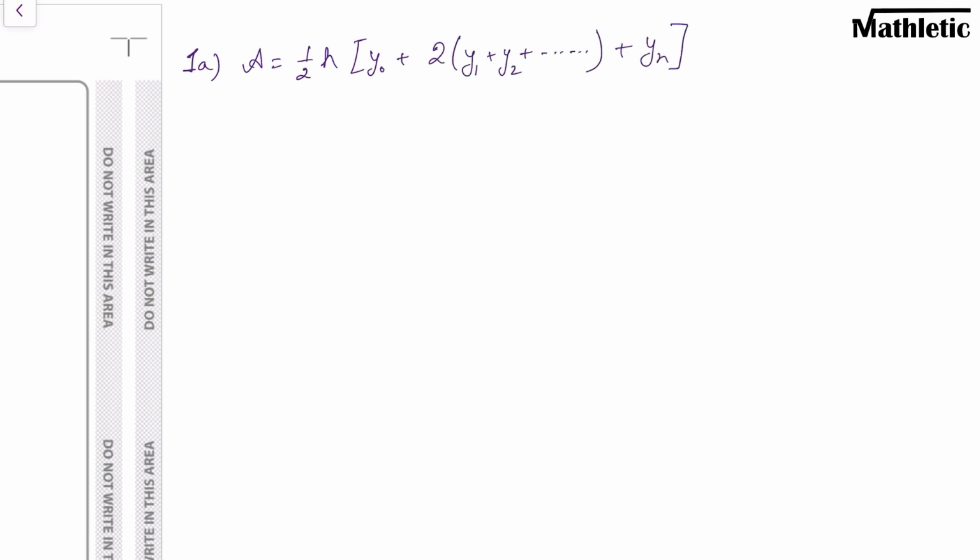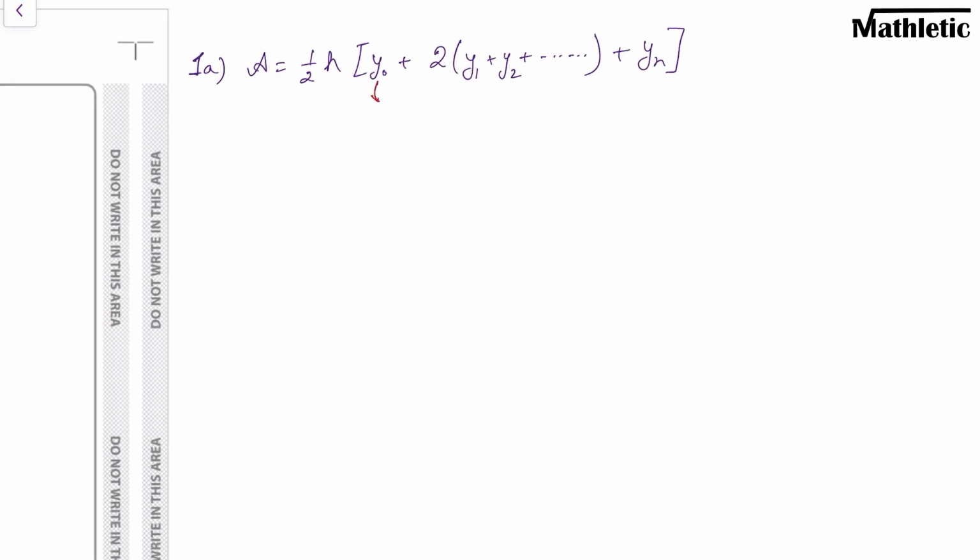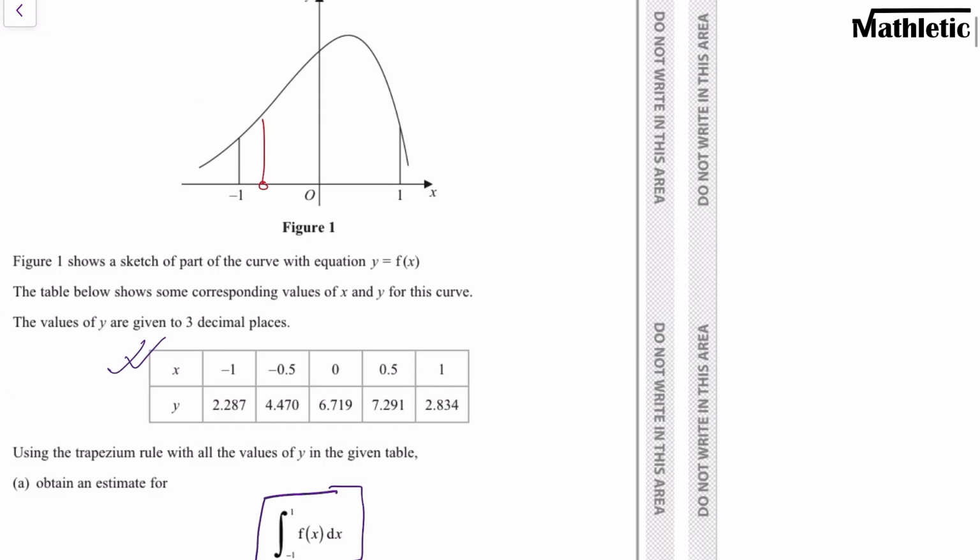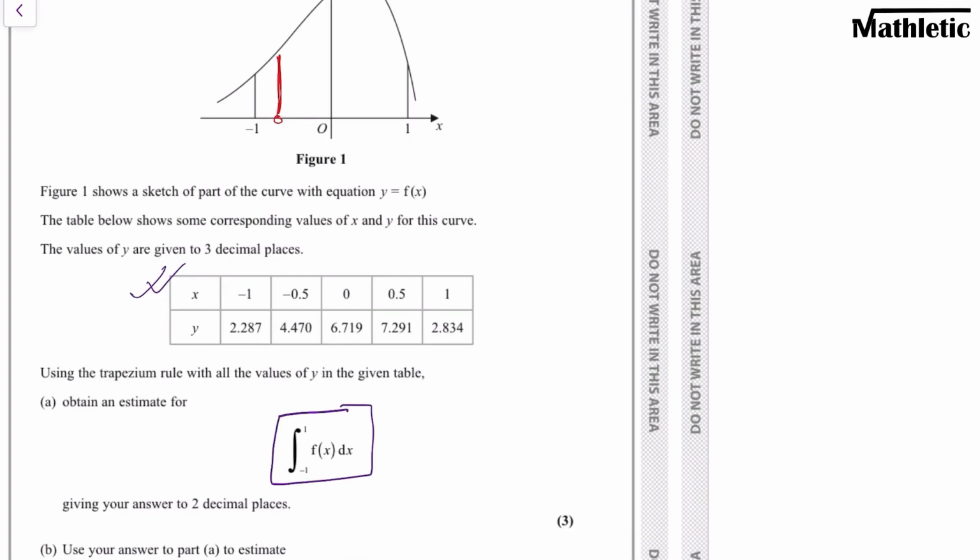So in this formula, y naught is the starting y, as in for each x coordinate you have a different y coordinate, right? So for each of these x coordinates we have a separate y coordinate. First y coordinate is y naught, the last y coordinate is yn, and in between you have y1, y2, y3.